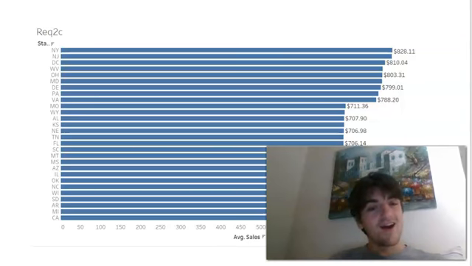And if you look at the top on here, it's New York, New Jersey, and DC. So that's a trend I see where the higher the average sale is, the states are more likely to be on top of total sum revenue because each sale is worth more money.